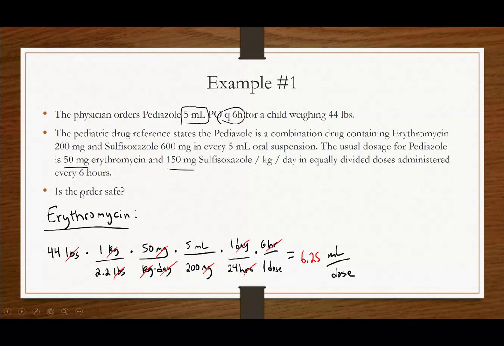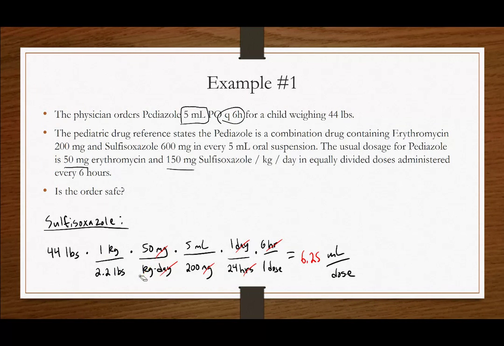Now we need to check the other component of this particular combination. In this instance, we also have the sulfadoxine. And most of this computation remains the same. But let's start by eliminating some of the previous information.